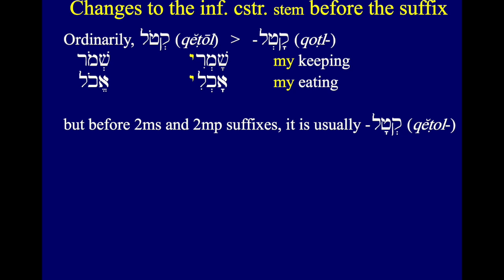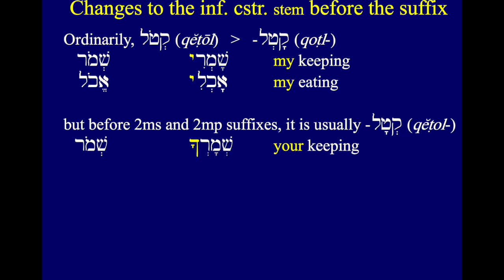So before second masculine singular and second masculine plural suffixes, then you'll usually get this other form, not kotol. You'll get this katol form. You'll actually get this O class vowel, short O class vowel underneath the second radical. So again, I wish the Qal infinitive construct was simple, but in fact, the way that I usually go about recognizing it is if I don't understand what form it is, and it's got a suffix stuck onto the verb, especially if there's a bunch of schwas around, I guess infinitive construct, and I get it right a lot of the time.